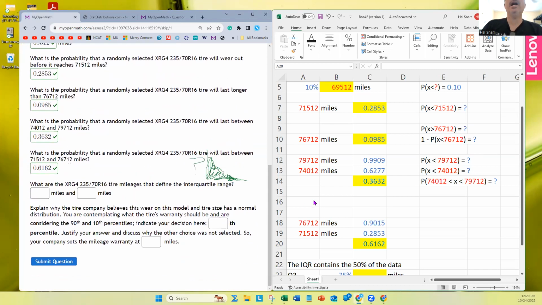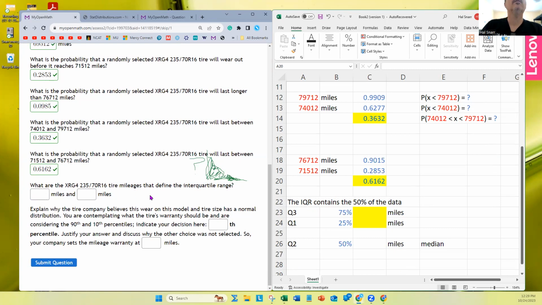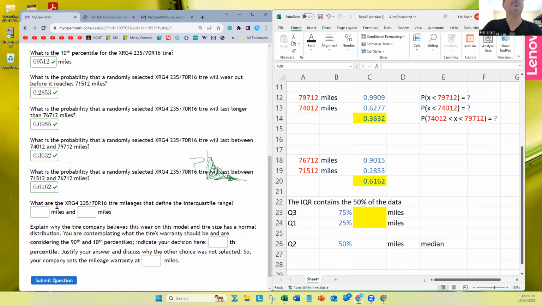Yep. Now, the last thing I need to do is answer this question. I wish I could erase that. Unlike the range of the data, it contains all the data, 100% of the data.